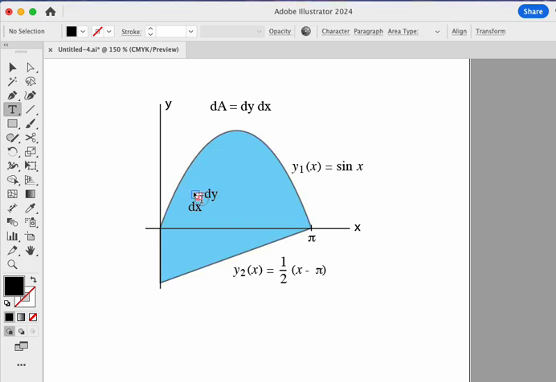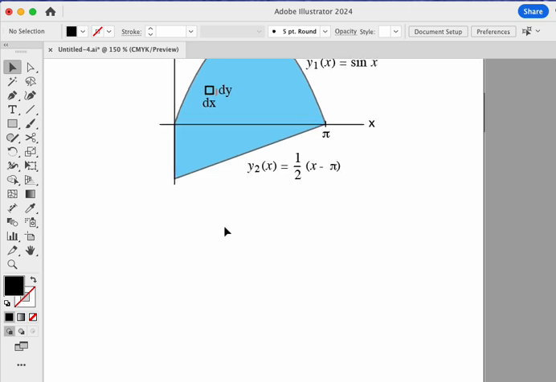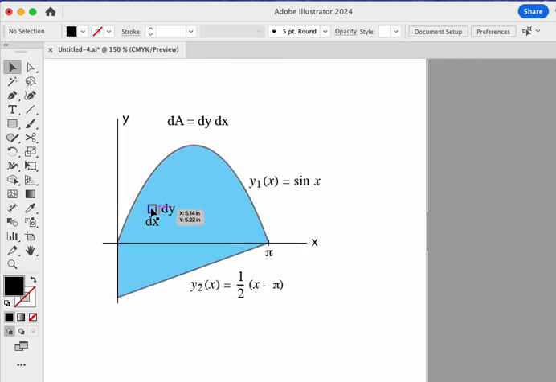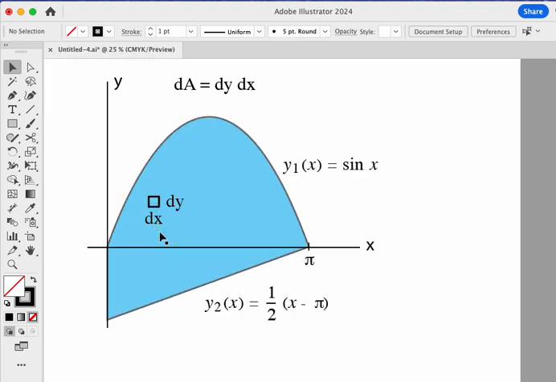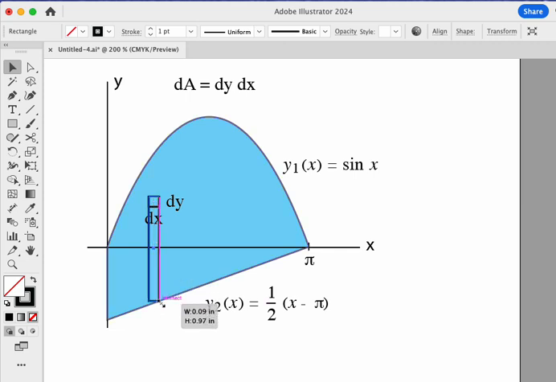So what I'm going to do is take this guy and integrate from the bottom of the shape to the top of the shape like that.